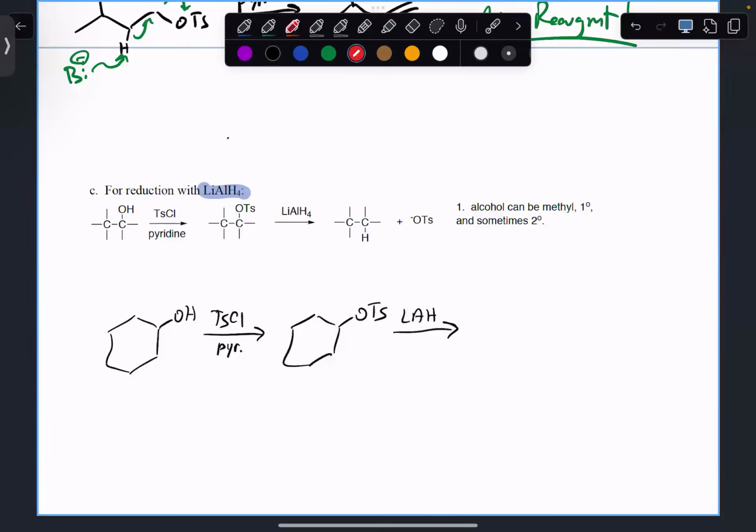Well, remember, LAH is nothing more than a source of hydride. So think about this reaction. We have a good, strong nucleophile, and we have a good leaving group. This is just going to do an SN2 style reaction. H minus is going to come in and kick out the good leaving group.